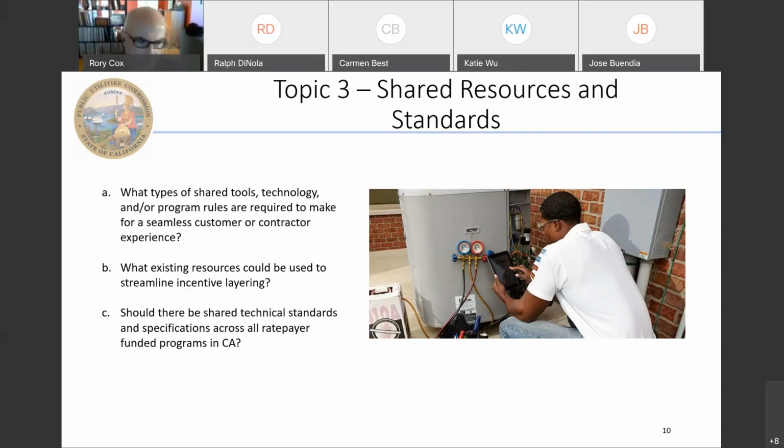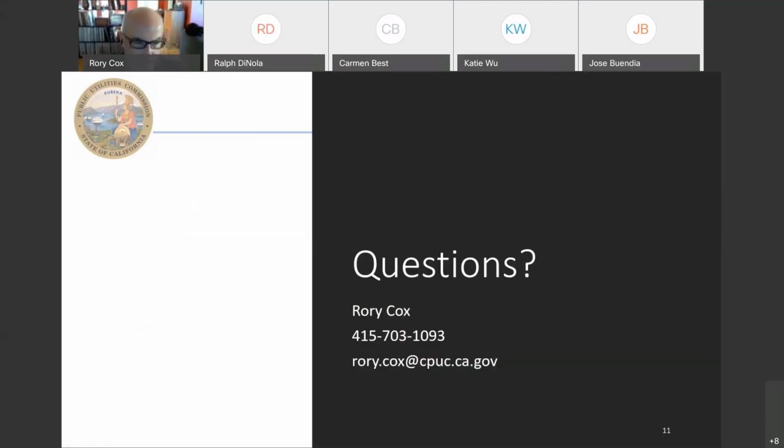So those are the three big question areas that this staff proposal will be taking on, and we've invited the panelists today to help us think some of these through. Next slide. And that's it for my slides.